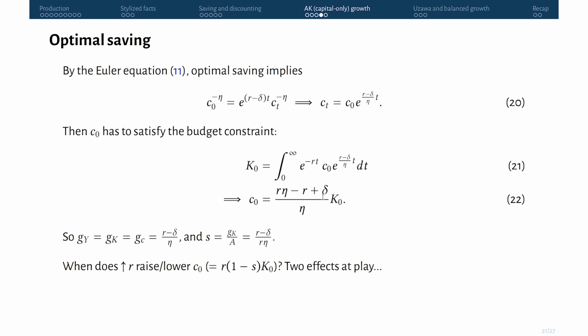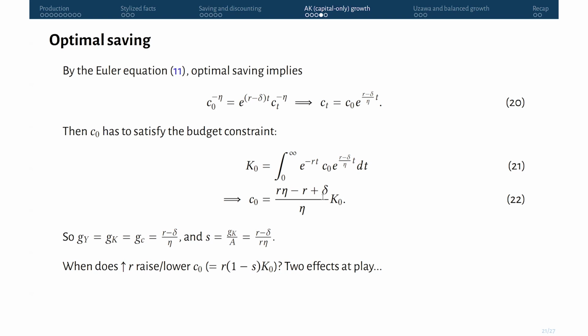As an aside, it's often important to ask when raising the interest rate raises versus lowers consumption. You'll see there's two effects at play here. A higher interest rate means that you're richer. So if you consume the same amount at any point in time, you're not richer immediately, right? But your prospects are better.